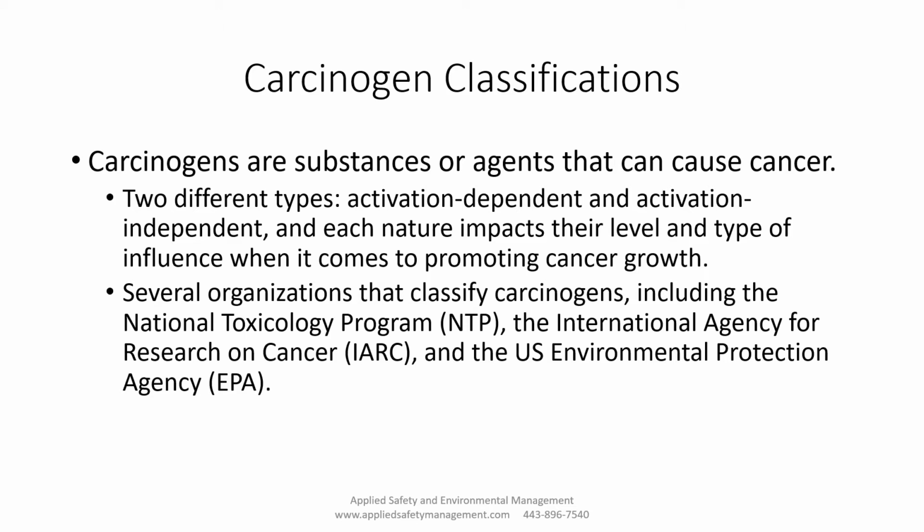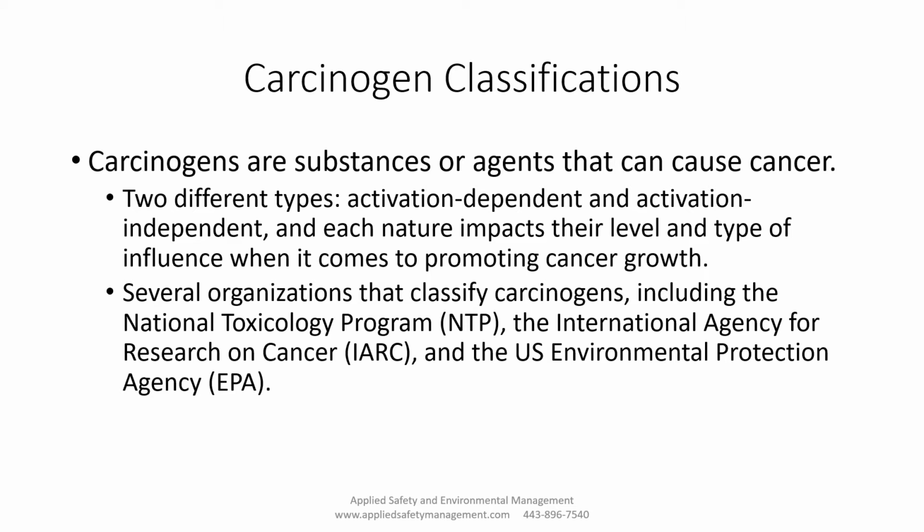So before we do anything, let's really go over a couple of definitions out there. Carcinogens are substances or agents that can cause cancer, and there are two different kinds of carcinogens: activation dependent and activation independent. And much like the words say, one is dependent on something and one is independent of something.